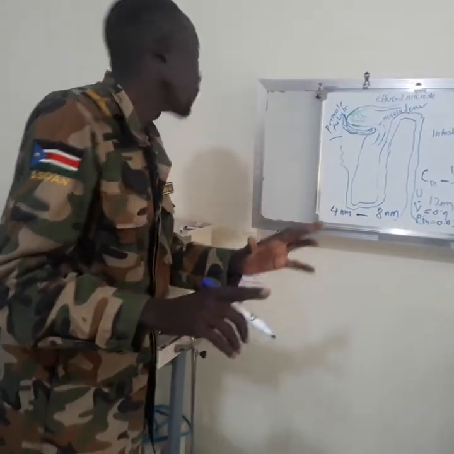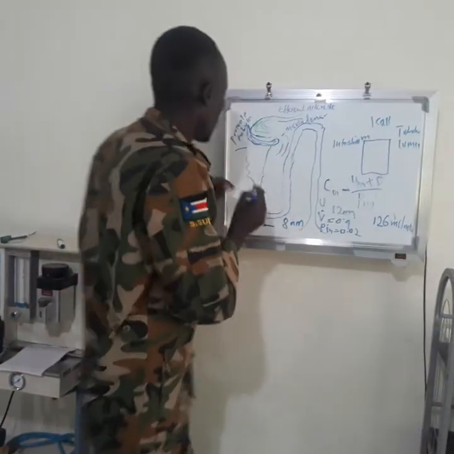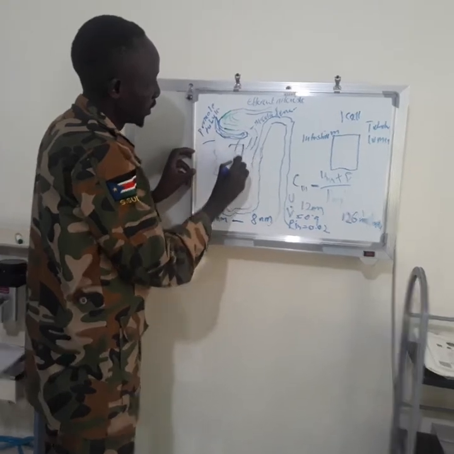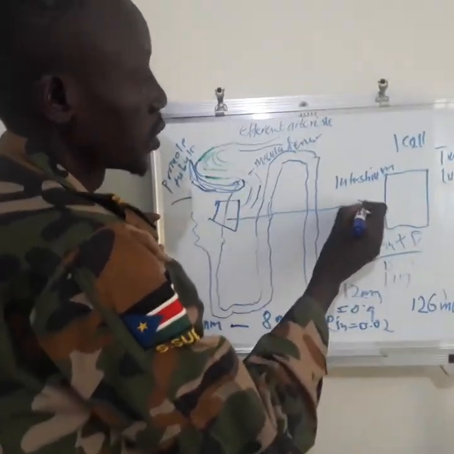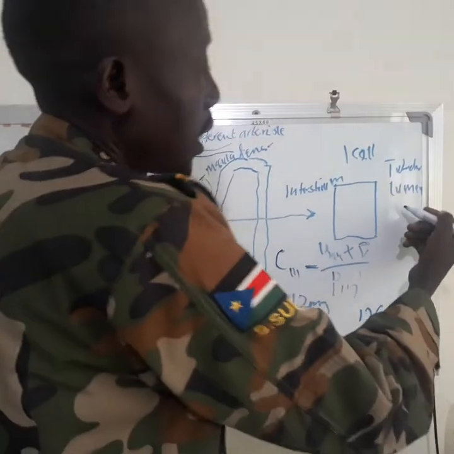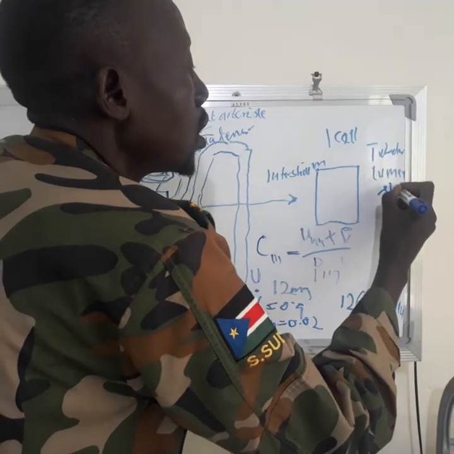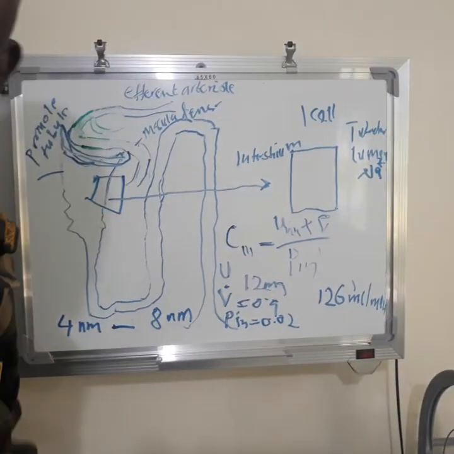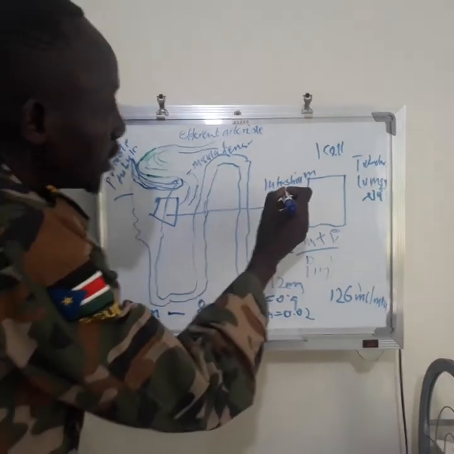Now, when we talk about the absorption of glucose, we take the proximal convoluted tubule, for example, and we take it here. Now, you have sodium in the lumen, and you need it back into the blood circulation.